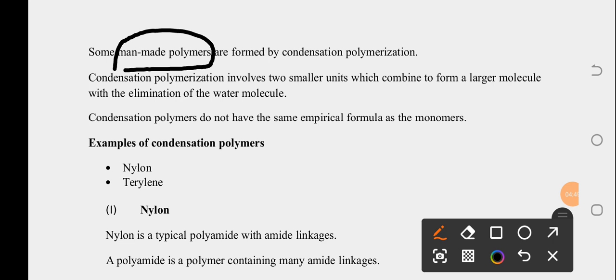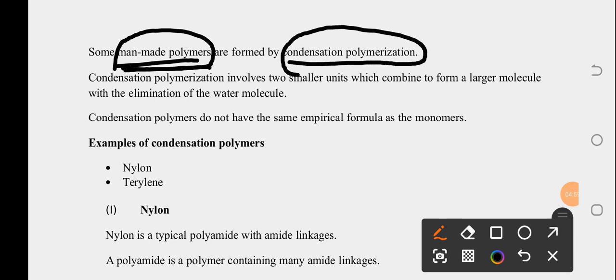Okay, so when you talk of condensation polymers, we are talking about man-made polymers. These condensation polymers are formed by the process which is called condensation polymerization. Addition polymers are formed by the process which is called addition polymerization.